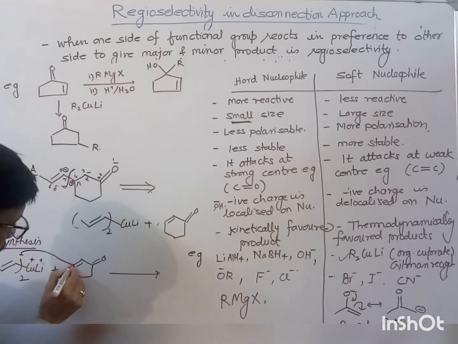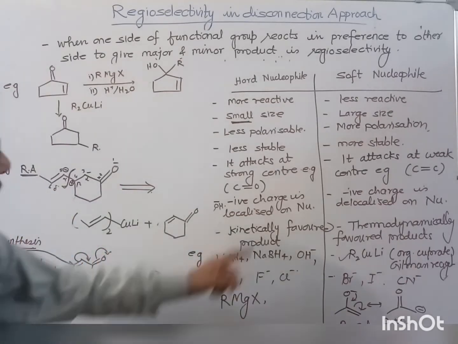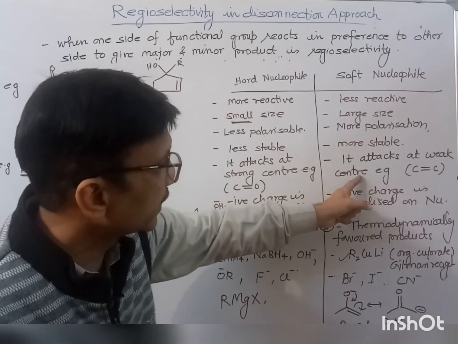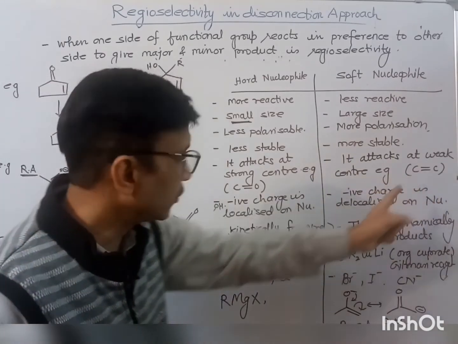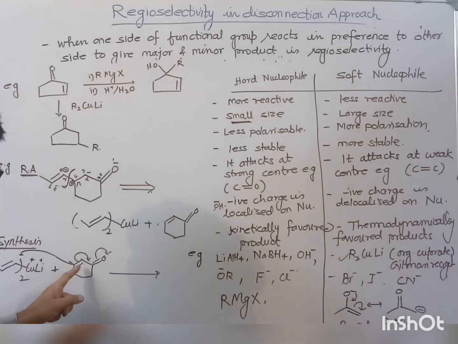So this will attack at this center. No doubt, if the nucleophile is soft, then it attacks at the carbon-carbon double bond. So it will attack at this carbon-carbon double bond, that is the weaker center, not the strong center.